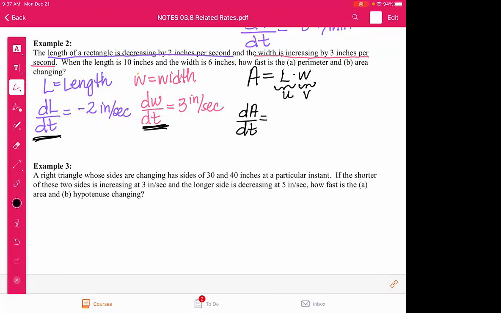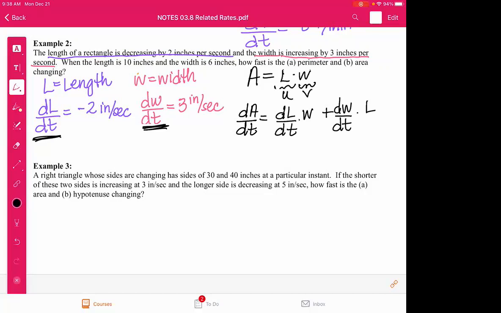It's going to be U prime V plus V prime U. So the derivative of L is going to be 1 dL/dt times V, which is W, plus the derivative of W is going to be 1 dW/dt times U, which is L.